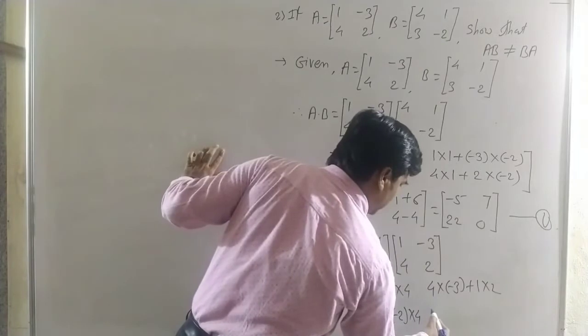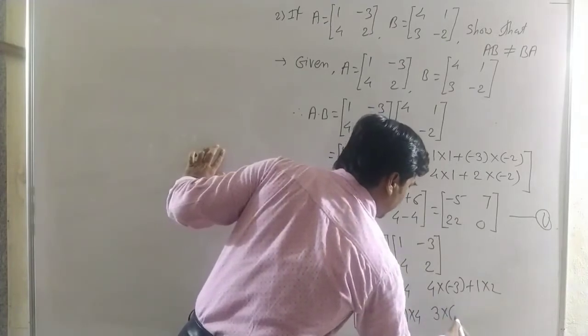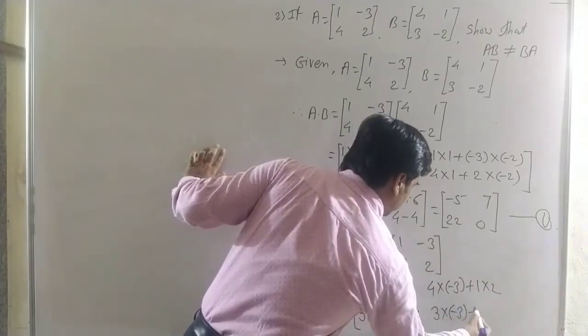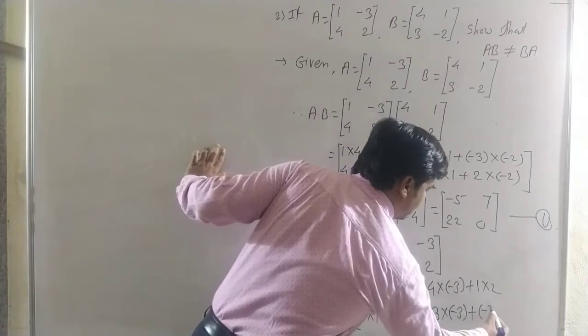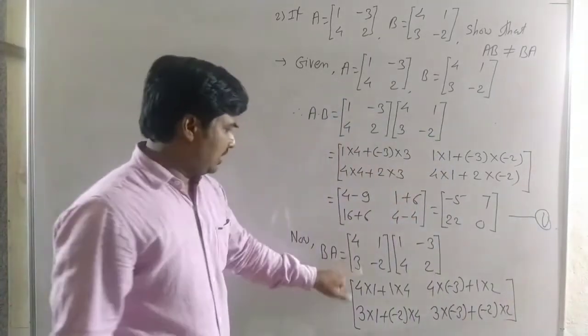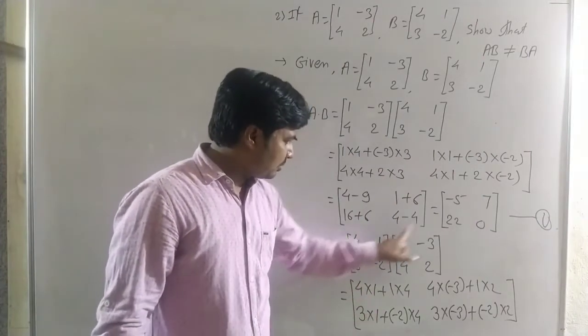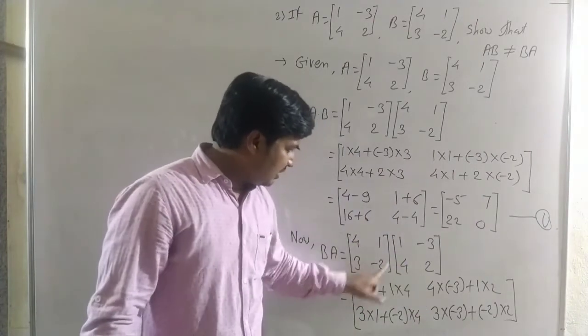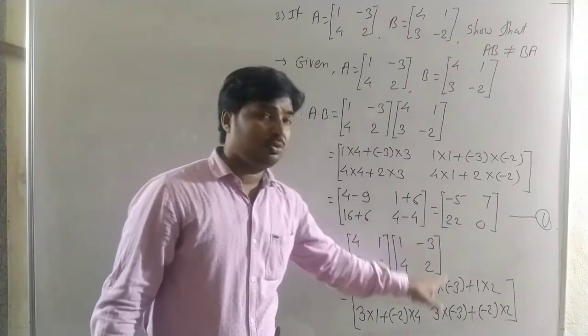Second row, second column: 3 into minus 3 plus minus 2 into 2.